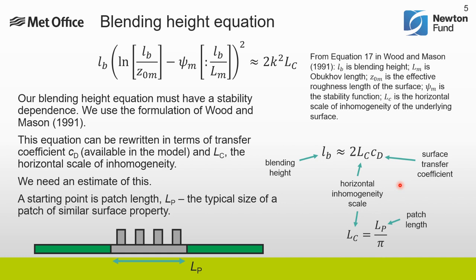That's basically related to the patch size. If you think of the urban surface as alternating patches of large roughness, small roughness, that's the patch, and that's related to this patch length.